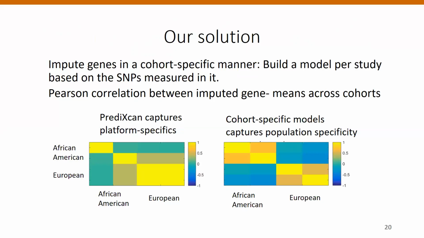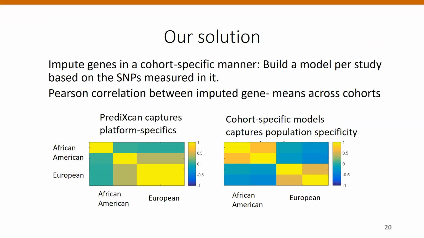We imputed the genes in a cohort-specific manner. That is, we built a model per study, per genome-wide association study, based on the SNPs that were actually measured in it. So for each of the 4 different data sets that we had, we learned a different regression model. And as you can see here in the Pearson correlation between the means, the averages of the imputed genes, PrediXcan captured platform specifics.